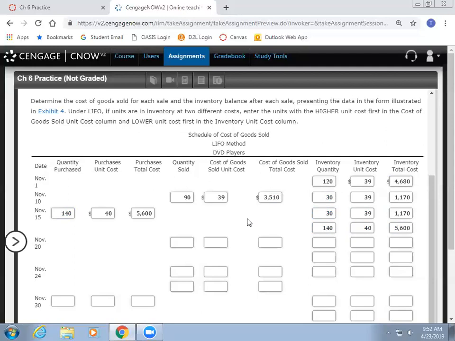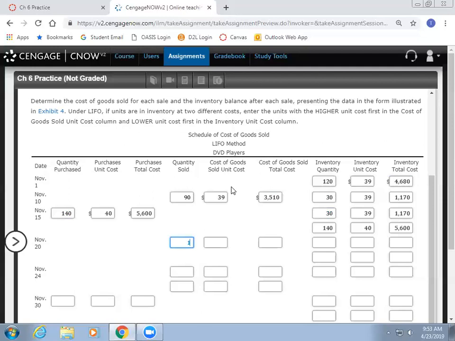On November 20th, we sold 110 units. Which inventory price point would I have sold, the $39 or the $40? The $40, very good. Under LIFO, we take our most recent purchases, those that we purchased last, and cost them out first.